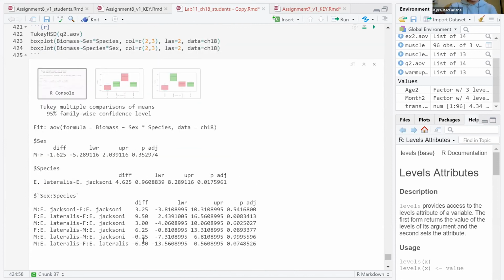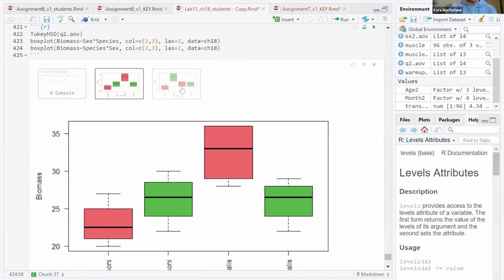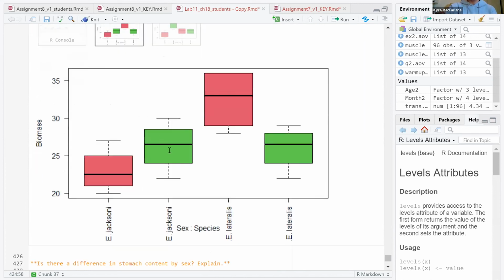So we're going to ignore this again. We're just looking at these. Let's look at our figures. So this one has species on the x-axis and color is sex. It's getting cut off again, unfortunately, but we know that R does everything by alphabetical order, which means F comes before M. So this is female, this is male, this is female, this is male by color code.